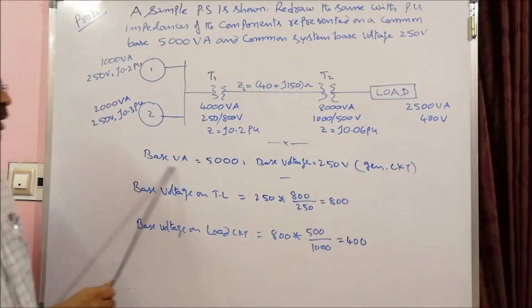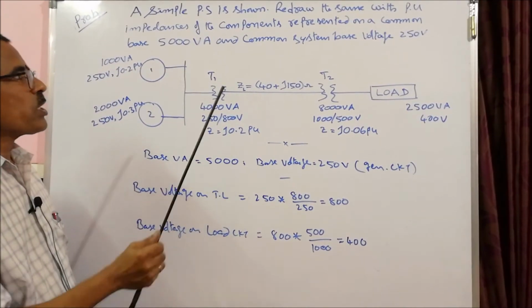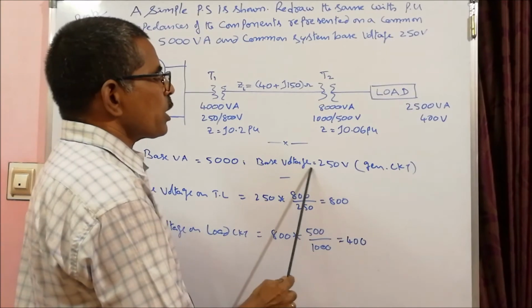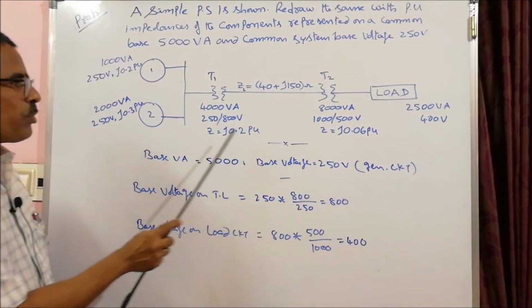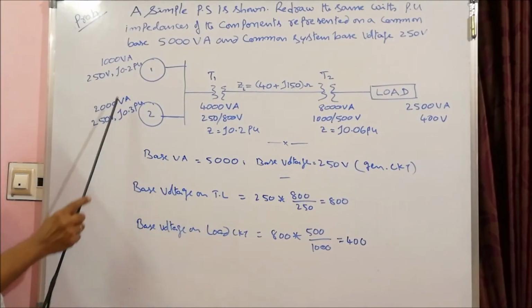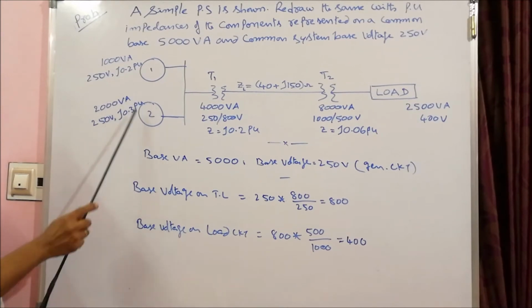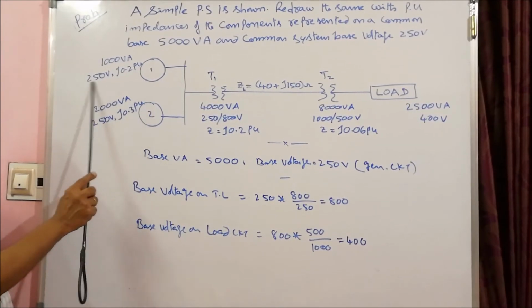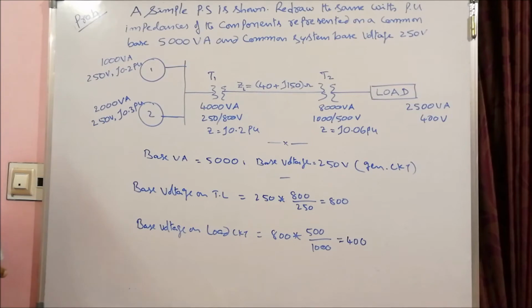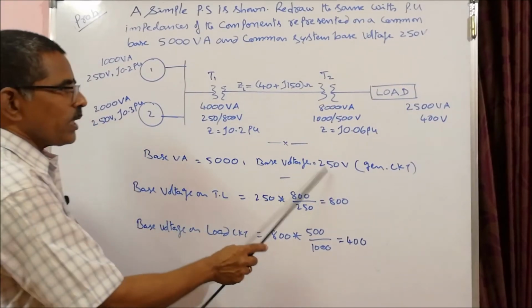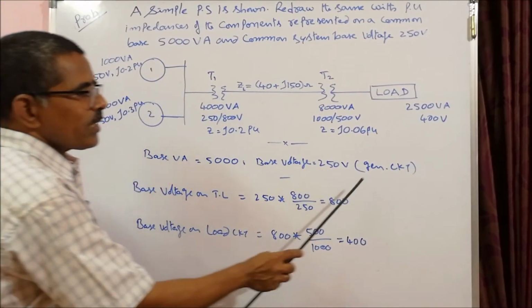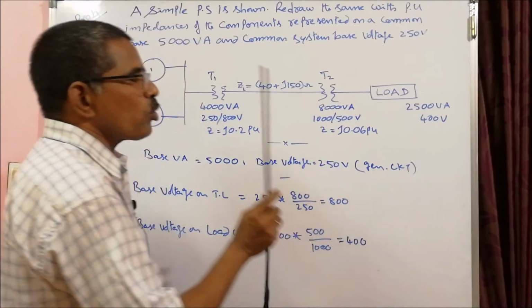So the base volt amperes is 5000 as mentioned, and the system base voltage we are taking is 250. Which side does this 250 belong to? You can see machines 1 and 2 are both generators, with rating 250. So this selected base is the generator section or generator circuit base.